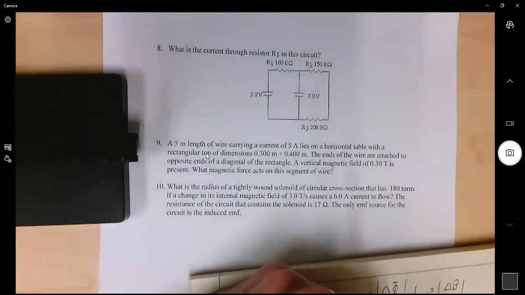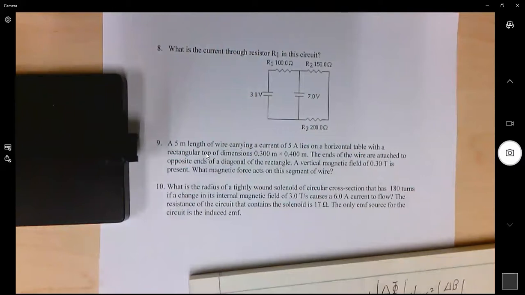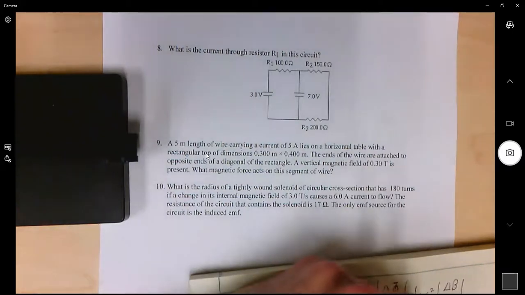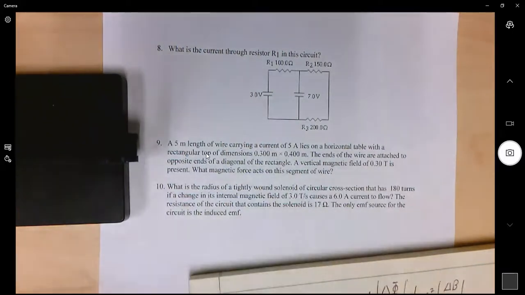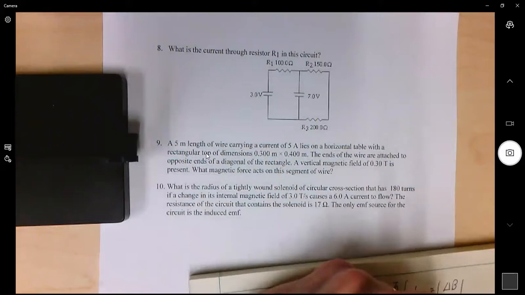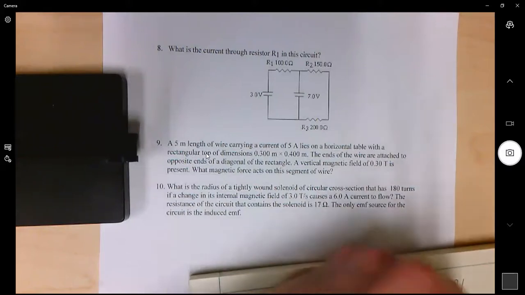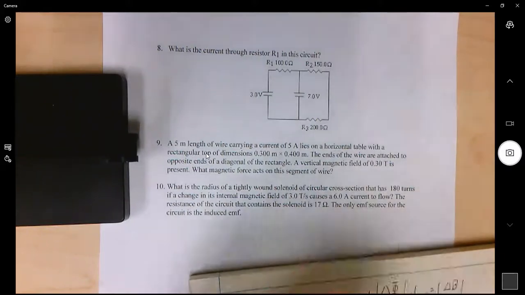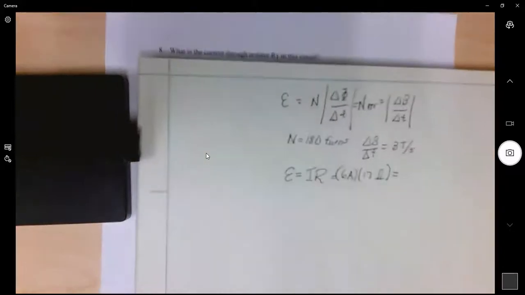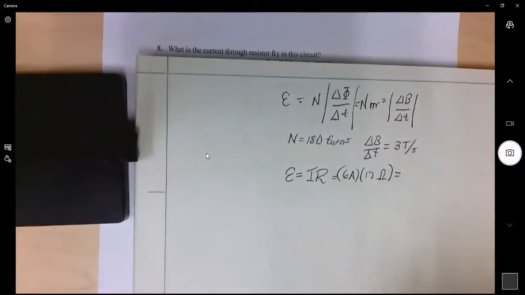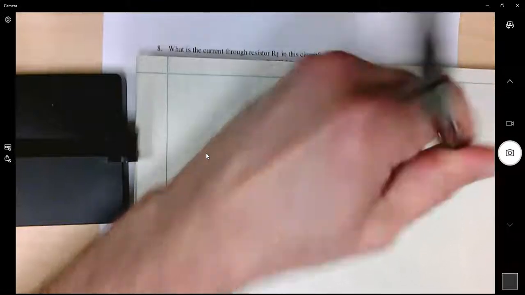E is just my current times my resistance. My current is 6 amps, and my resistance is 17 ohms. So 6 amps times 17 ohms gives me a total voltage E of 102 volts.